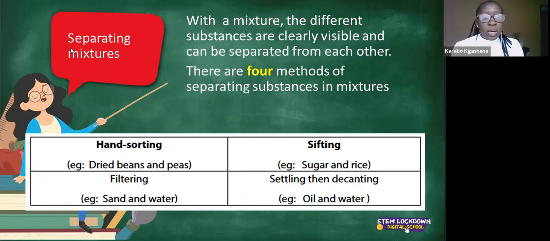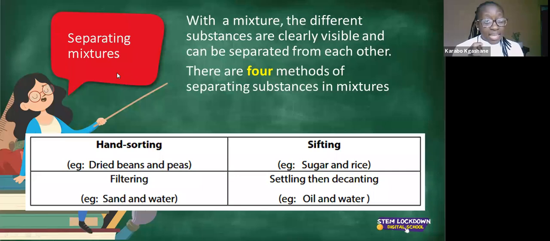Now it says, with a mixture, the different substances are clearly visible and can be separated from each other. All right. Now, there are 4 methods of separating substances in mixtures. All right. Now, I need you to remember the 4 different methods of separating mixtures.